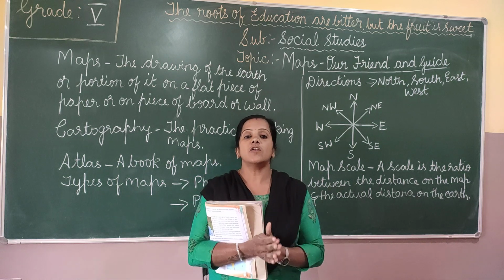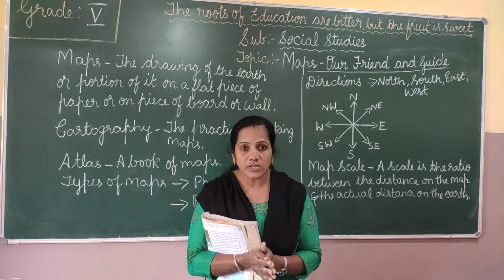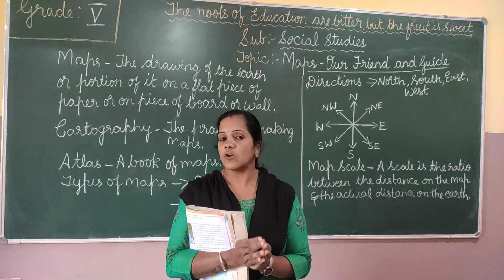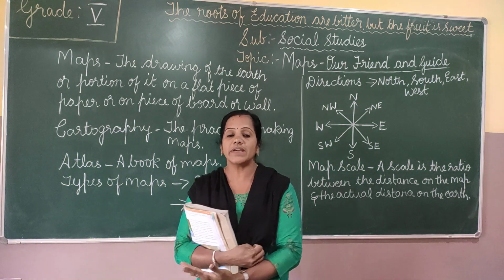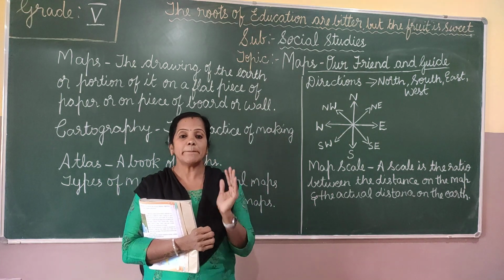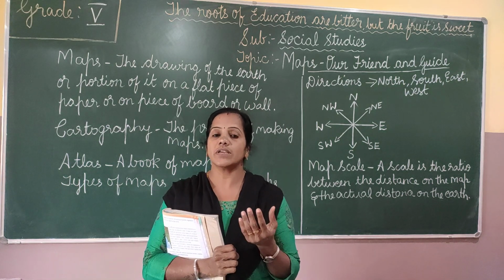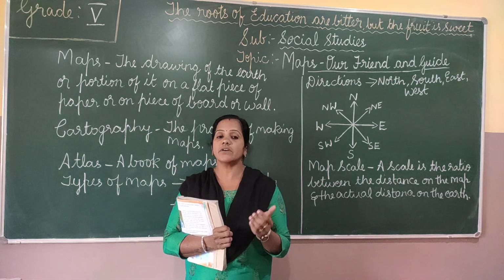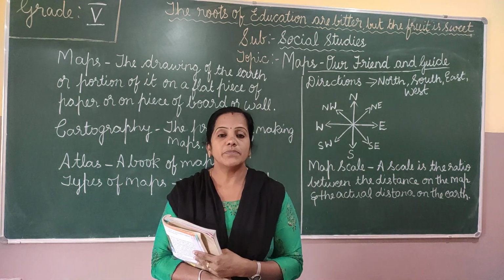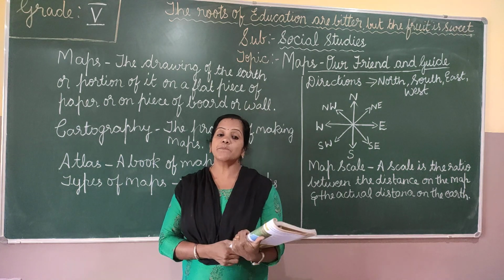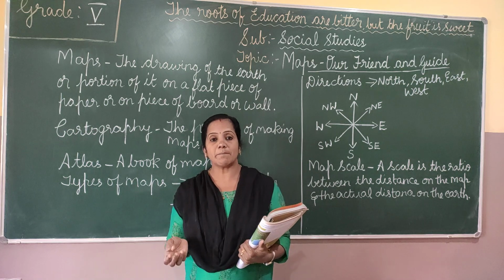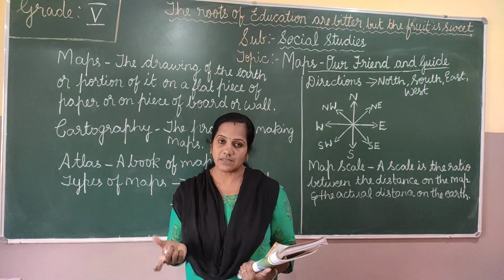First one, a globe is a model of the earth, whereas maps are the representation of earth's surface. The maps are drawn, the drawing of the earth's surface or part of it. Next, the globes are spherical in shape, whereas the maps are on a flat surface.